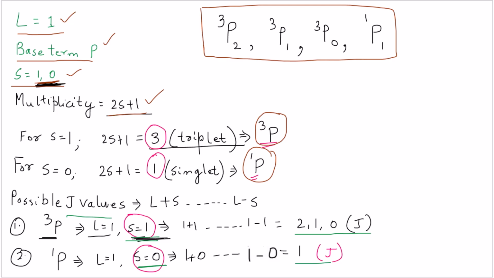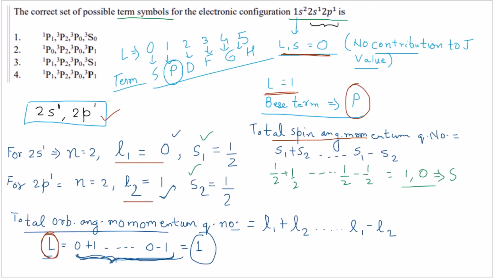We have 3 term symbols corresponding to multiplicity of 3 and the J values of 2, 1, 0. And lastly, we have the J value corresponding to 1. So this is how we have a total of 3 plus 1, that is 4 term symbols for the 2s1 and 2p1 electronic configuration. Okay, now let's move back to the question.